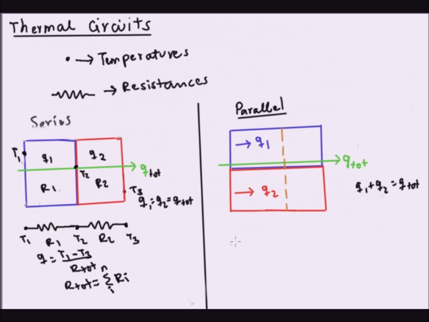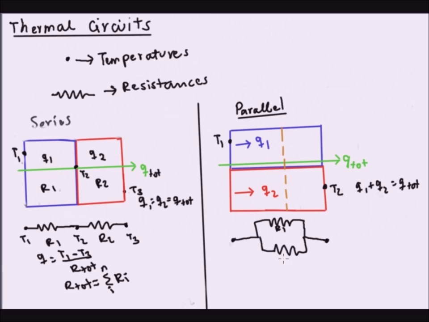So here I said we had 2 nodes, say T1 and T2, and you would have 2 resistances connecting these 2 nodes. 1 resistance for each material.